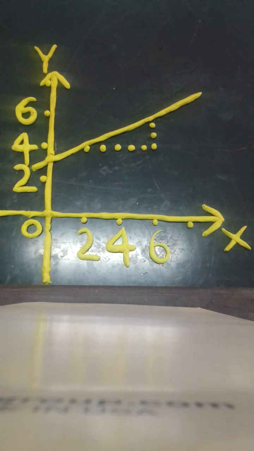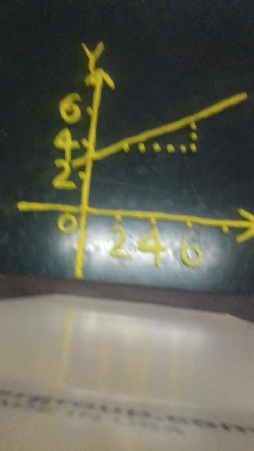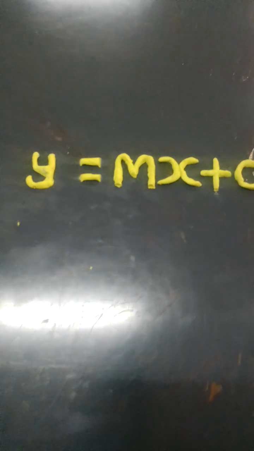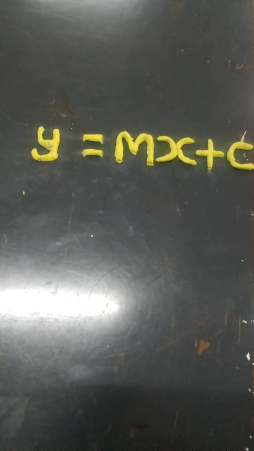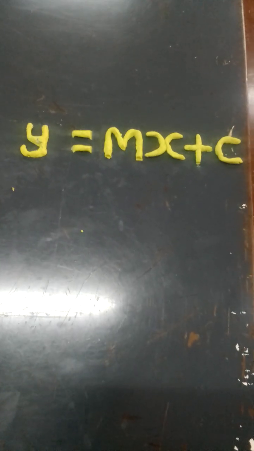Now, before I proceed, you find that a straight line has an equation of this form: y is equal to mx plus c. This equation represents the value of y for a given value of x.